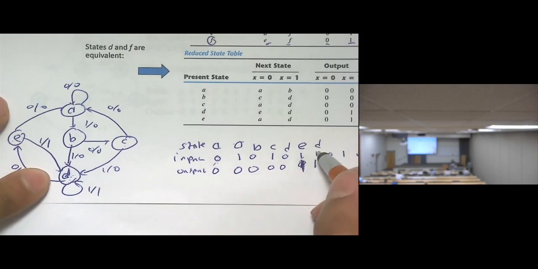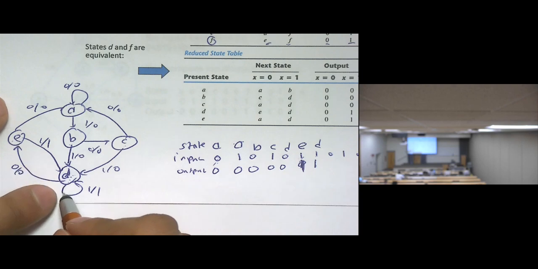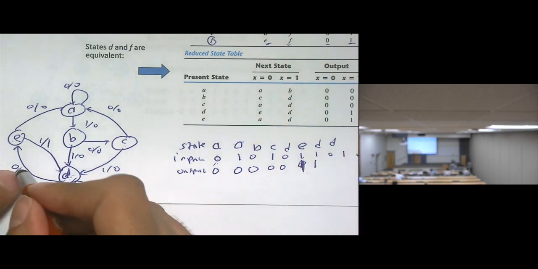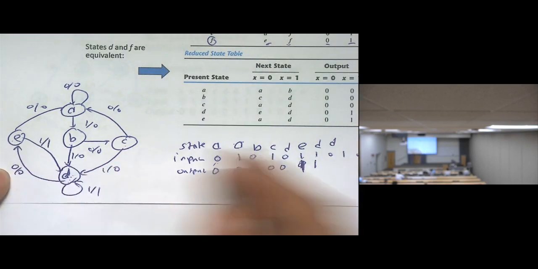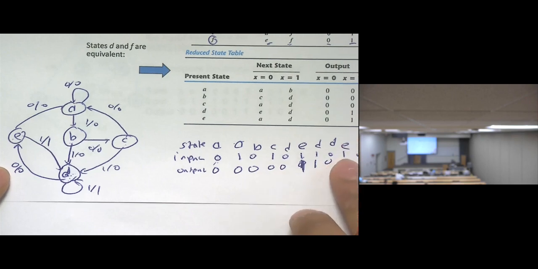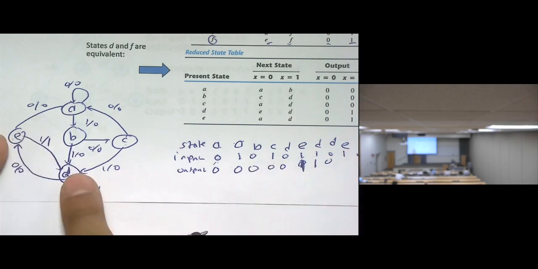Then I'm at D, the input is 1, and the output is 1. Then I will remain at D, right? Now I'm at D, the input is 0, the output is 0, I will go to E. Now I'm at E, the input is 1, the output is 1. Where should I go?